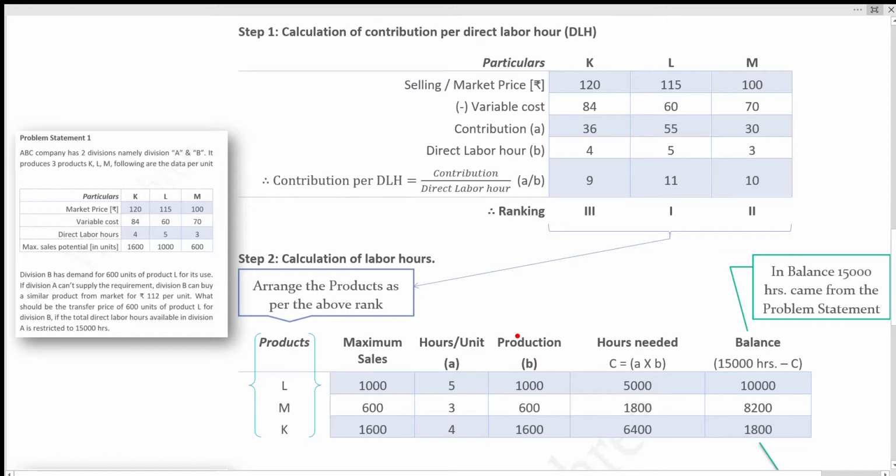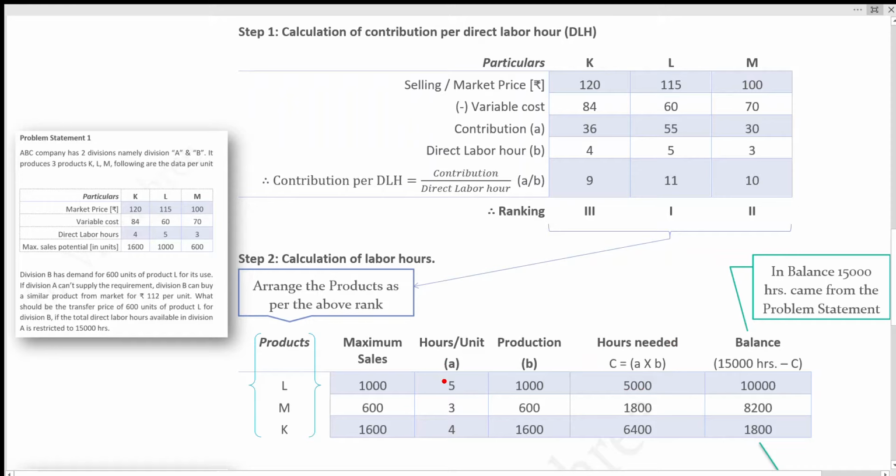Production will be the same as sales because the company has 100% capacity, so sales equal production. So now we have production and hours per unit, so easily we can get the hours needed to produce the entire production.